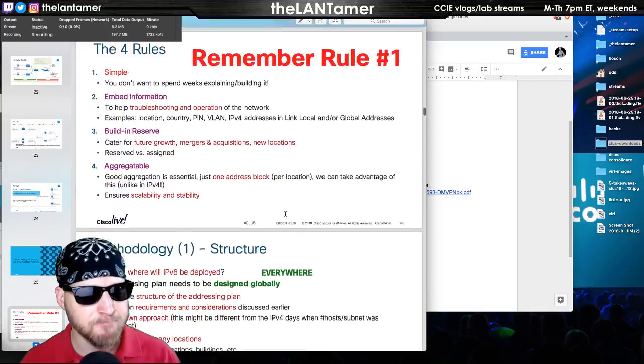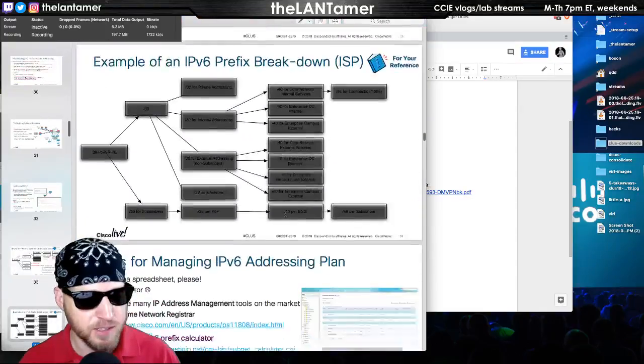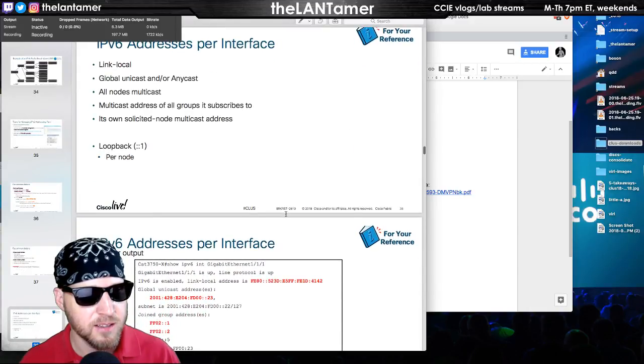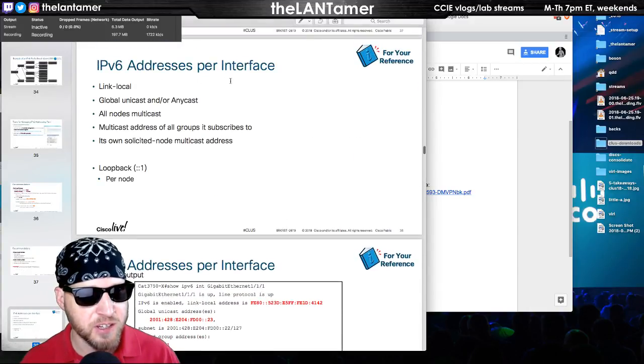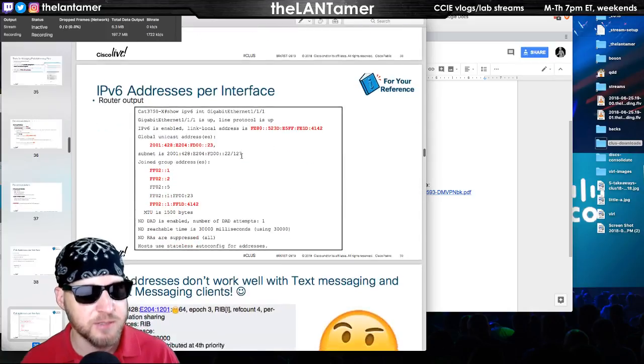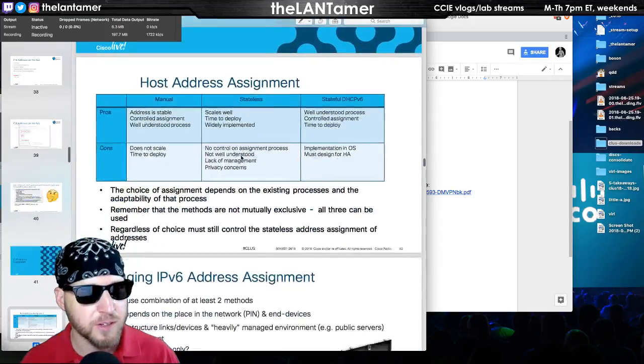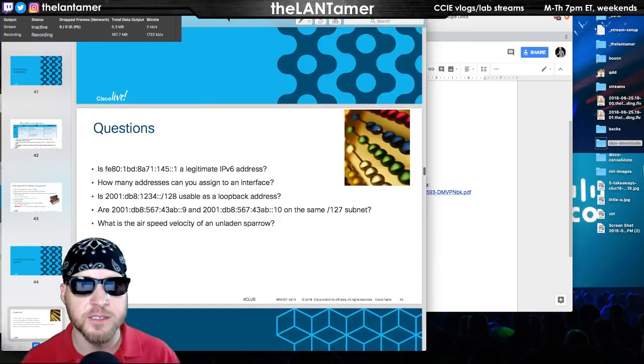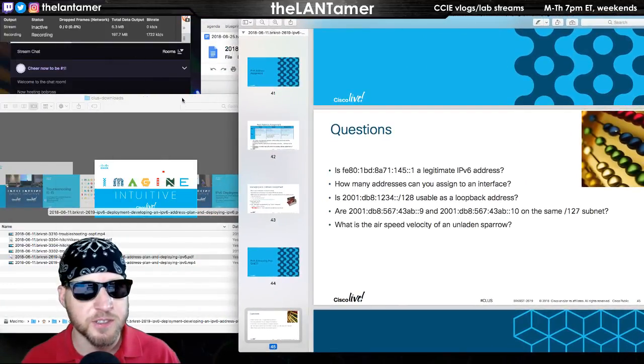And there's sort of a trivia question about how many IP addresses you can have per interface. That's a good trivia question there. Slide 45. So if you know the answer to this, you're in good shape.